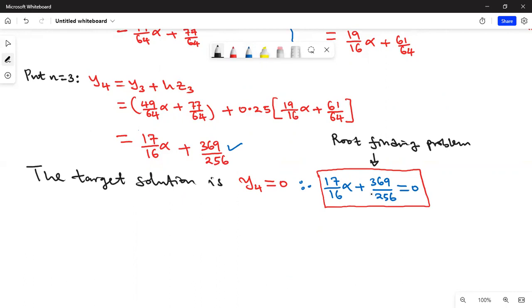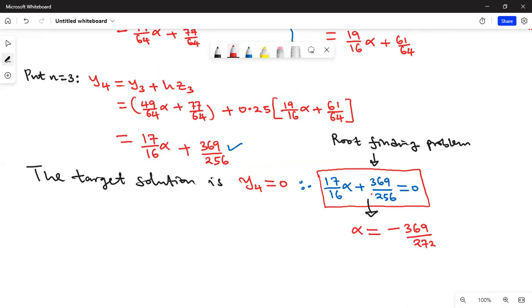It is easy to find the value of alpha. So you're going to get alpha, make alpha the subject, that should give you negative 369 over 272. So that's our value of alpha.